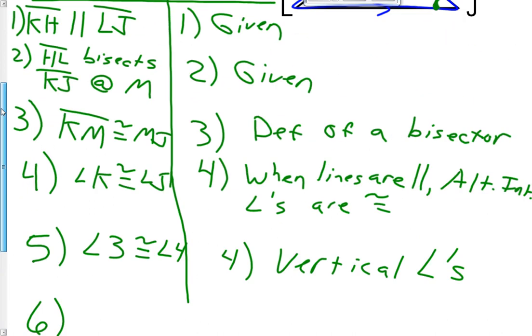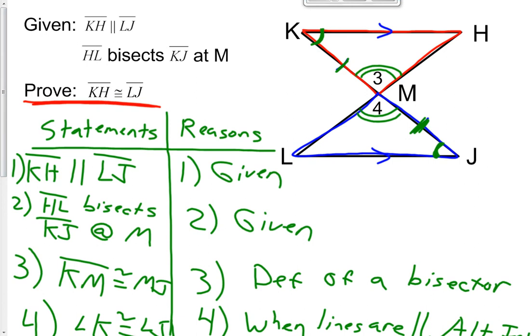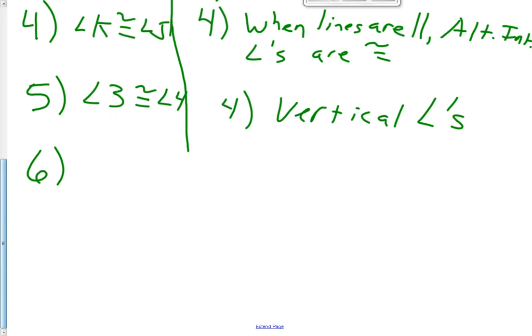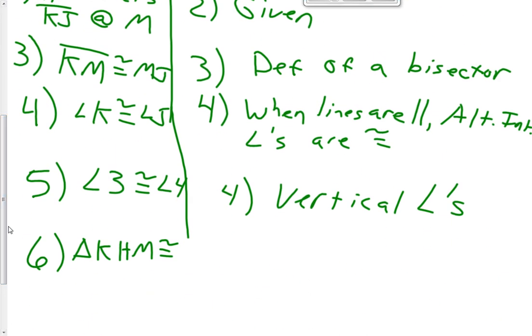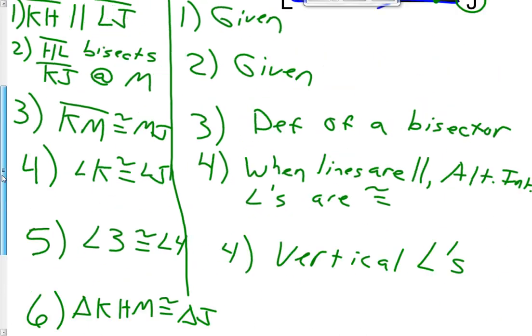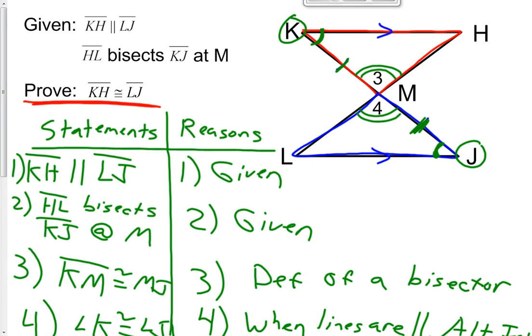So step number 6, we could list the two congruent triangles. So triangle KHM, that's the red triangle, triangle KHM is congruent. Now it's very important in the order that you write this. Angle K has to be congruent to angle J. So I have to say triangle J, and then after K I went to H, and H is congruent to L down here.